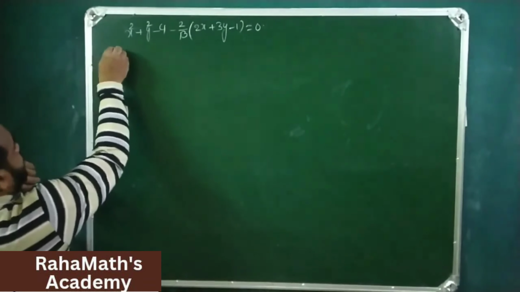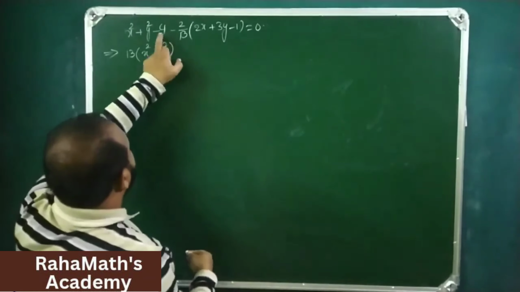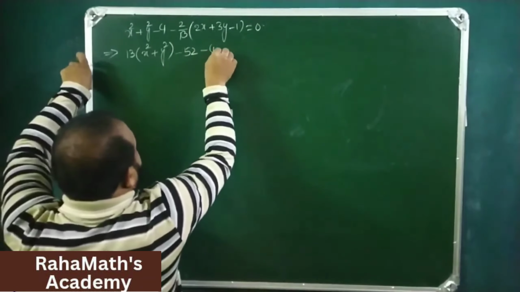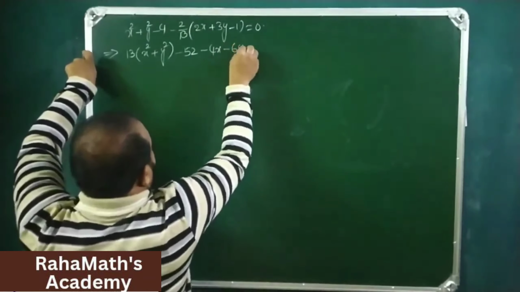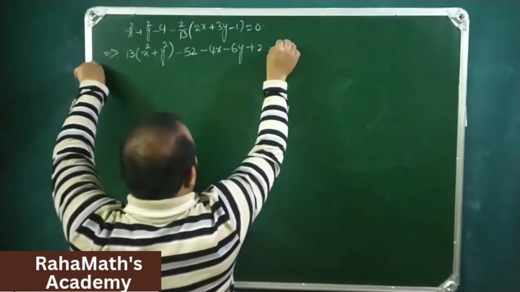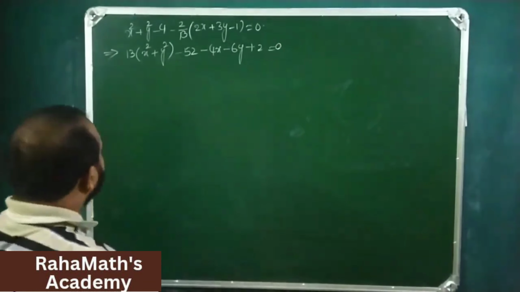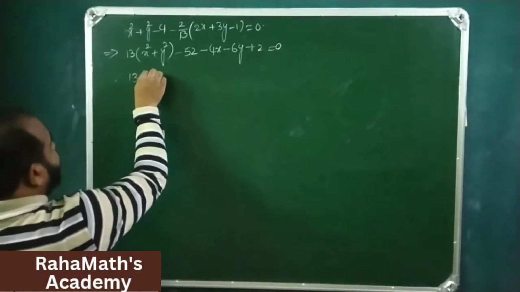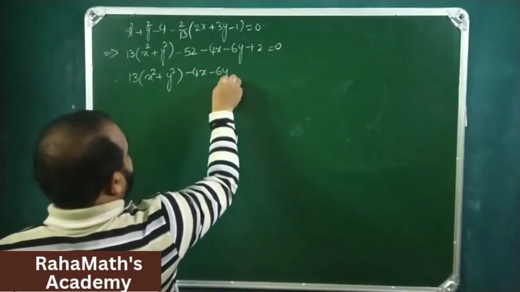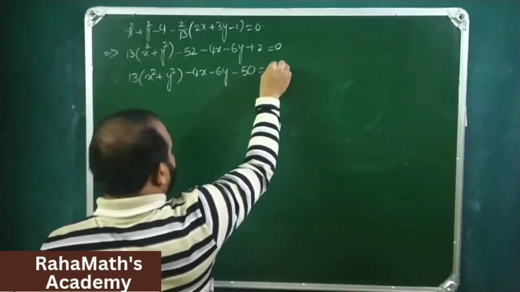So this is equal to 13 into x square plus y square, 13 fours are 52, minus 2 twos are 4x, minus 2 threes are 6y, minus into minus plus 2 ones are 2, by 13 equals 0. 13 when transposed to the RHS will be 0. So this is 13 x square plus y square minus 4x minus 6y minus 52 plus 2, which is minus 50, equals 0.